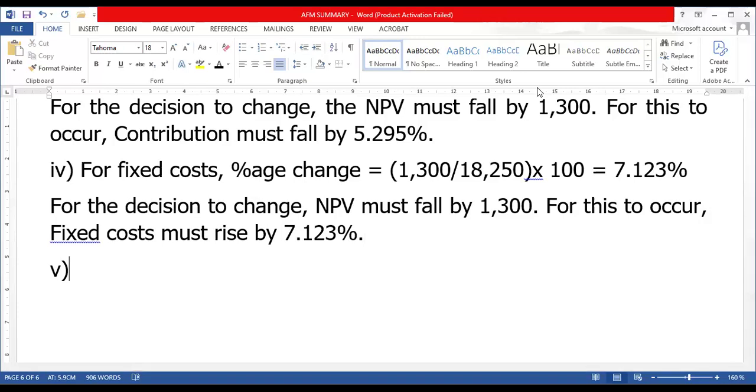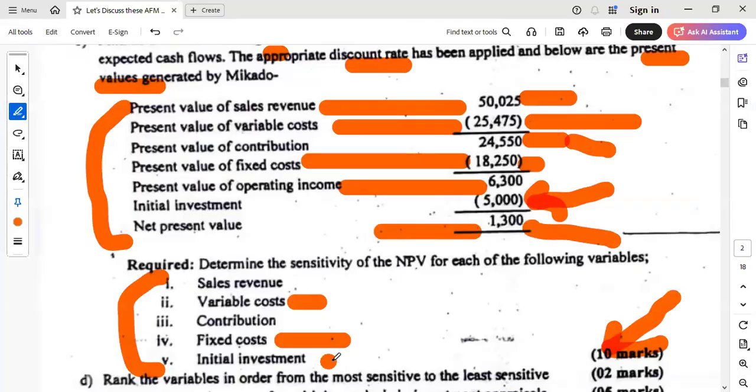Let me see. This one was very easy. The initial investment, that is the initial outlay.